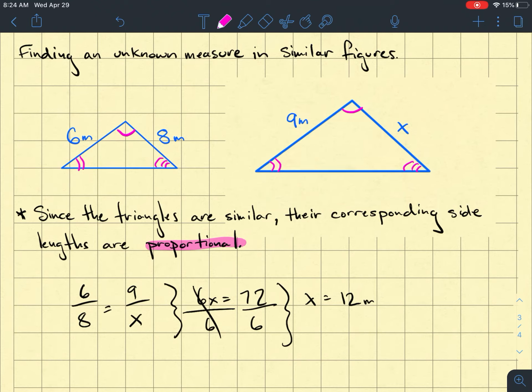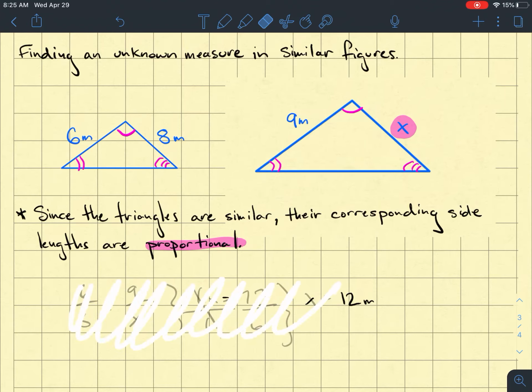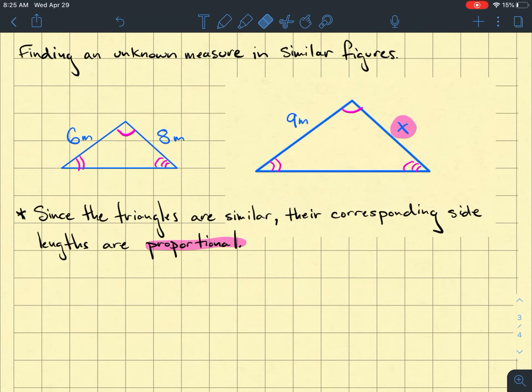But for now, the triangles are similar, and what you need to find is the x. So what are you looking for? You're looking for the ratio, the proportion of their corresponding sides.